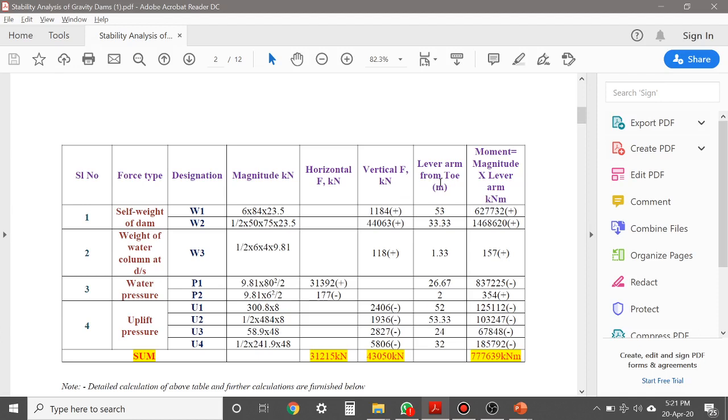Lever arm means it is the perpendicular distance between the force and the point about which the moment is taken. So from this table, you understand that we take the moment about the point toe.